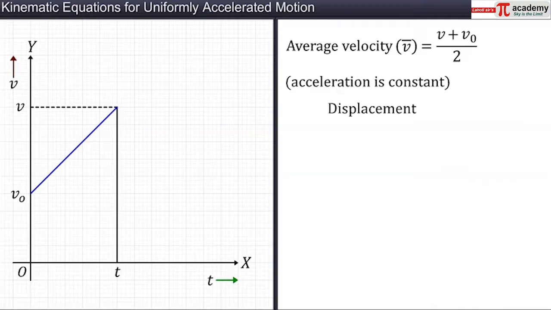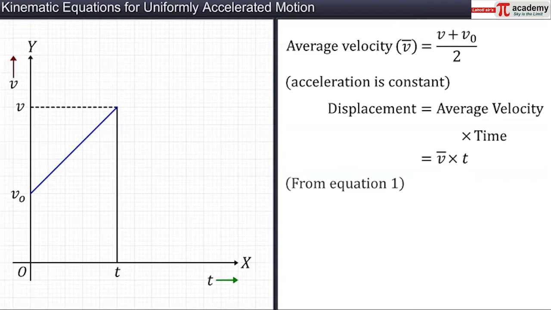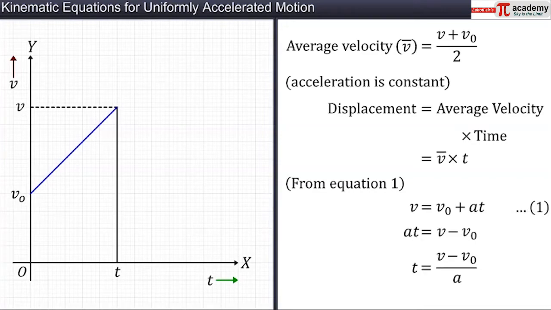We know that displacement is the product of average velocity and time, that is, the product of v' and t. From equation 1, v is the sum of v0 and at. By rearranging the equation, we get time t equal to the ratio of the difference of v and v0 and a.